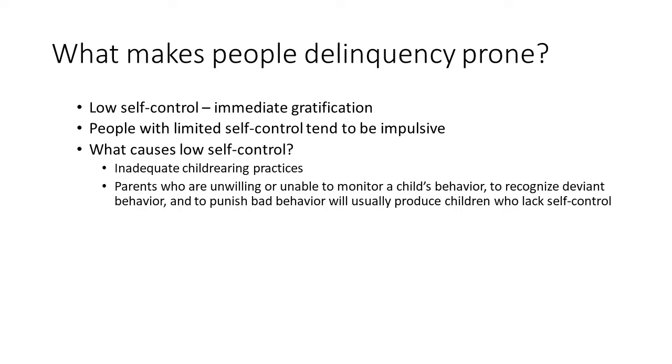It occurs early in life and will remain stable into and through adulthood. Unlike most other theories that explain narrow aspects of criminal behavior, Gottfredson and Hirschi argue that their theory of self-control applies to all crimes, from murder to theft.